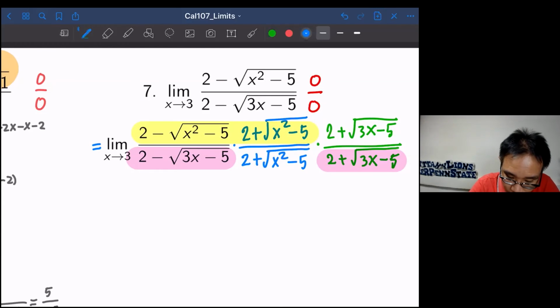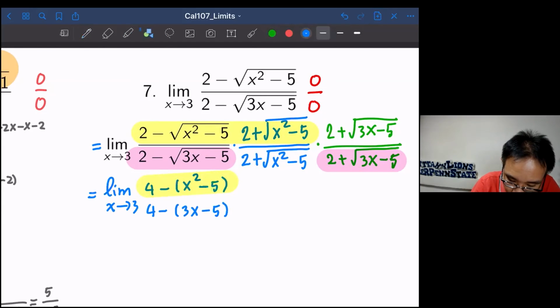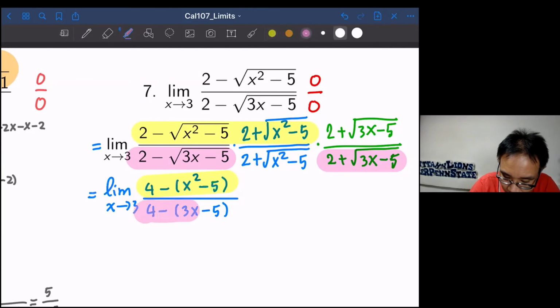So the limit turned out to be the limit as x goes to 3, and the yellow guy is 4 minus (x squared minus 5), and the pink guy is 4 minus (3x minus 5), after simplification.